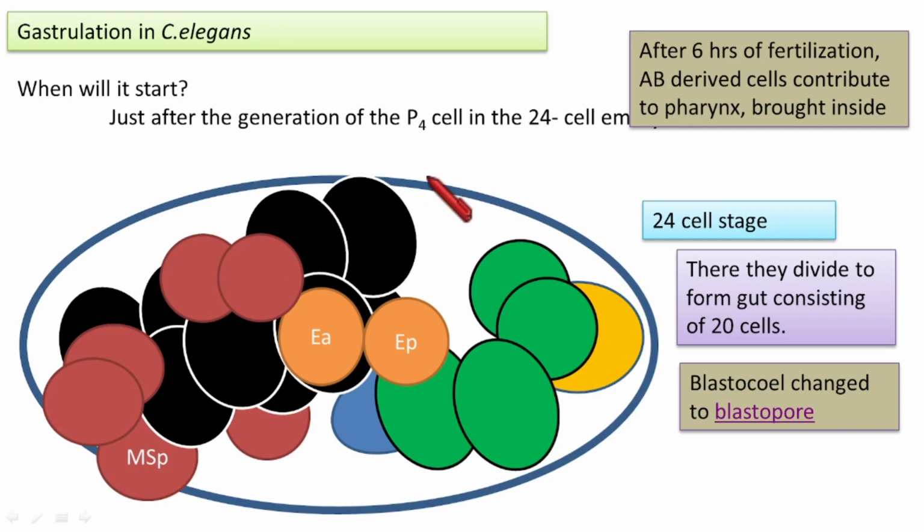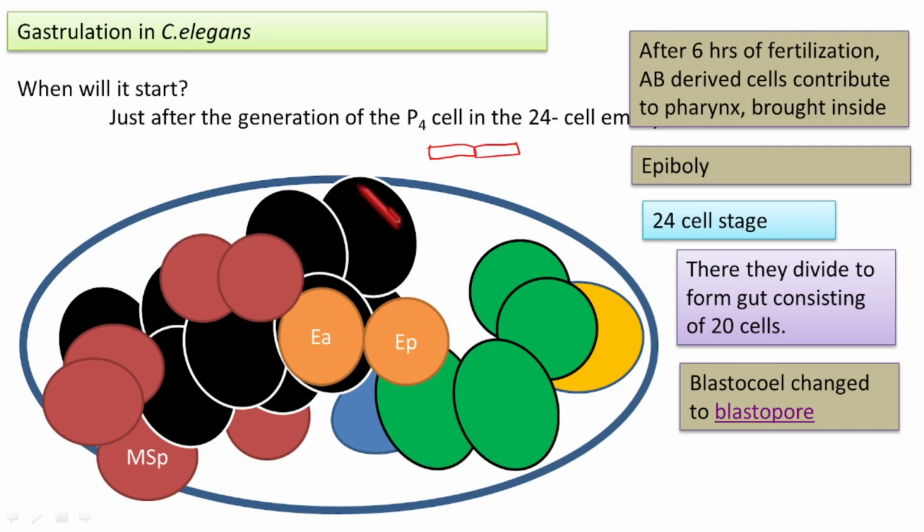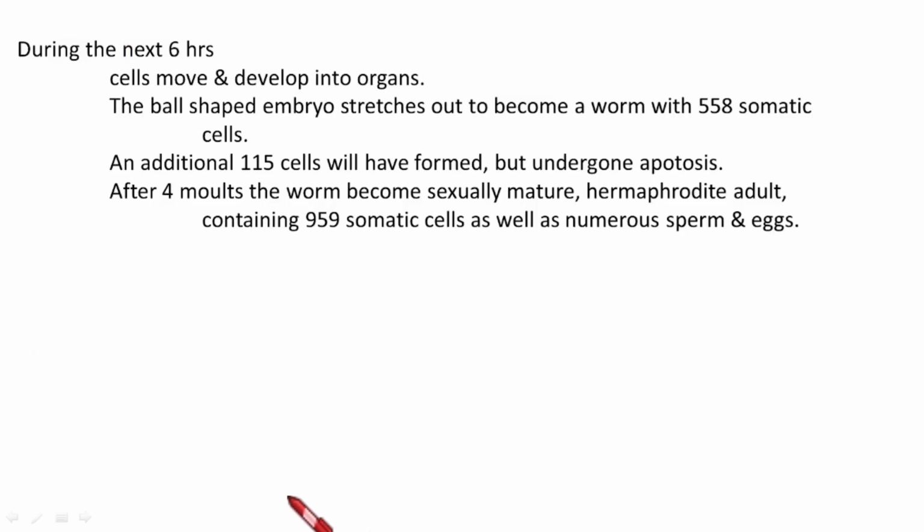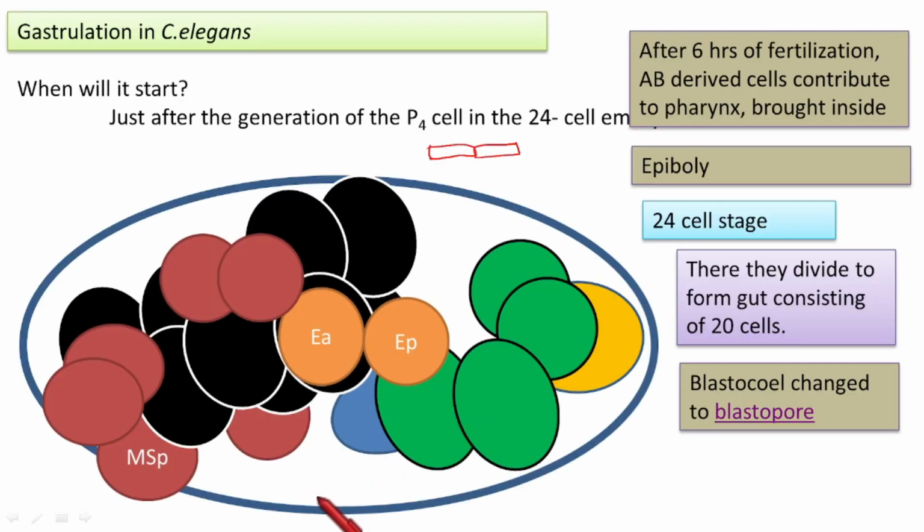They undergo a special type of movement. Its name is epiboly. Epiboly means all these cells develop some pressure, become flattened, and spread and cover all the other layers in this way. Ventrally, at a point, those AB derived cells can meet.